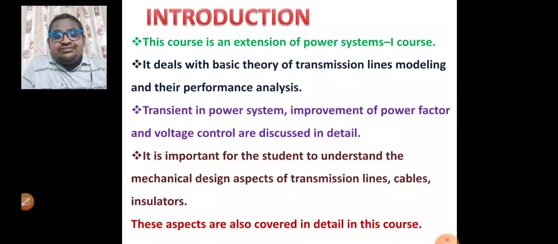That means the voltage may change suddenly, the current may change suddenly, the load may change suddenly. Then how does the system get affected, and for such a system how can we hold the power factor of the system, and how can we control the voltage? All those things we observe in detail in this power systems 2 subject.